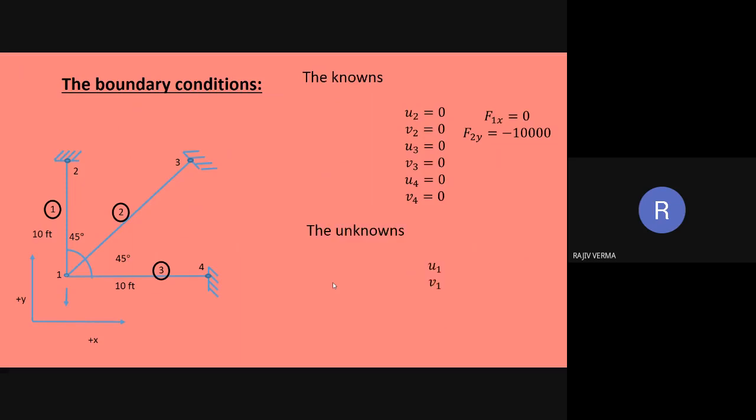The unknowns are the displacements at node number 1, that is U1 and V1 both are unknown, and obviously the reaction forces, where all the other nodes happen to be constrained, are also supposed to be found. They basically are the unknowns. So the boundary conditions are supposed to be applied in the equations which we have obtained earlier.